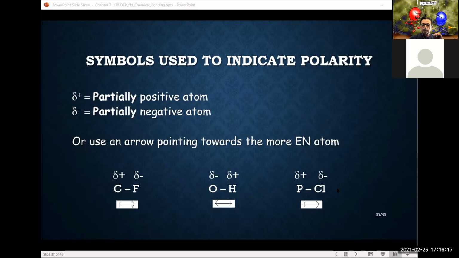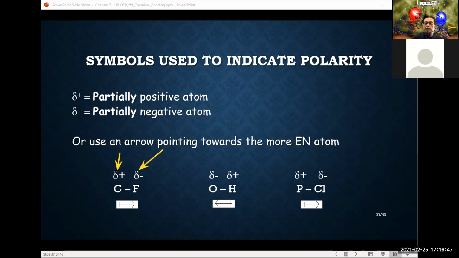Now, within the polar bonds, we are able to determine, based on the electronegativity, in which direction the electrons are being pulled. And so what we do is draw an arrow. We do two things. We have what's called a partial negative and a partial positive. This is the lowercase delta symbol, the Greek letter delta, lowercase. We have a delta positive and a delta negative.